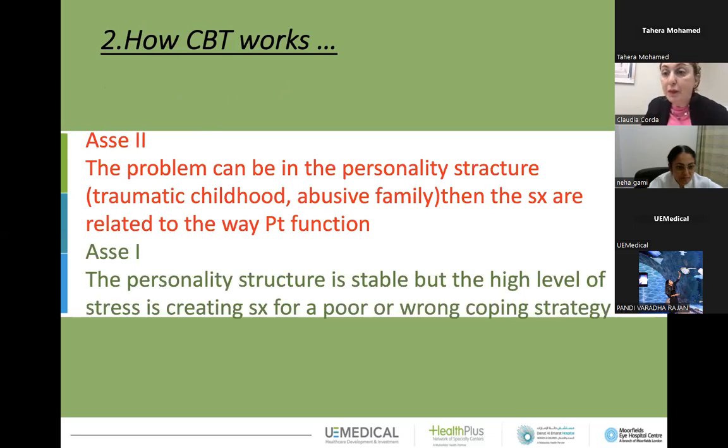Another important piece of information about the personality trait is that we divide the diagnosis in mental health into 2 big groups. One is Axis 2. Axis 2 is when the personality trait structure is problematic, when the personality structure is not working on a daily basis. This is what happens with traumatic childhood, abusive family.